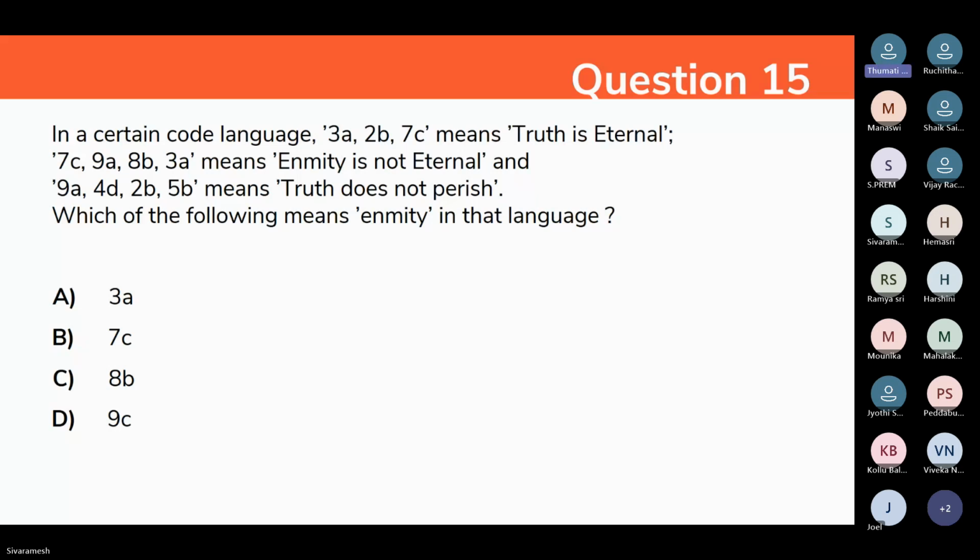Eight B, sir. Okay, very good, it's 8B. Only 3 students posted it. Remaining people, just try to get it fast.